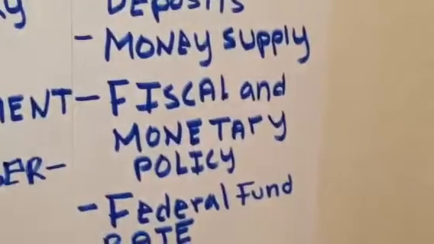Fiscal policy deals with Congress and the president, and it basically deals with decreasing or increasing taxes, or increasing and decreasing the government spending. Monetary policy, on the other hand, deals with the Fed, and it controls the money supply.